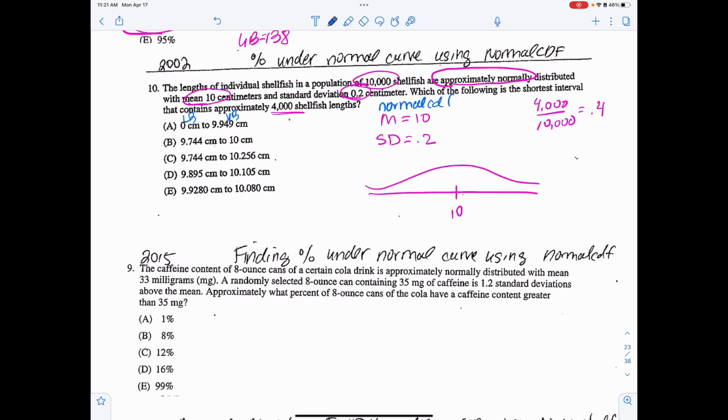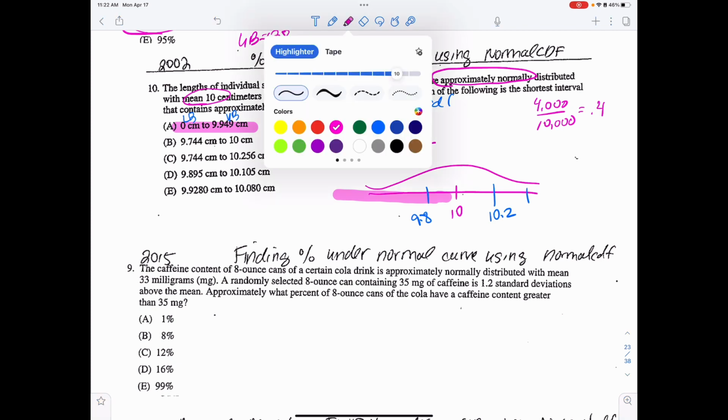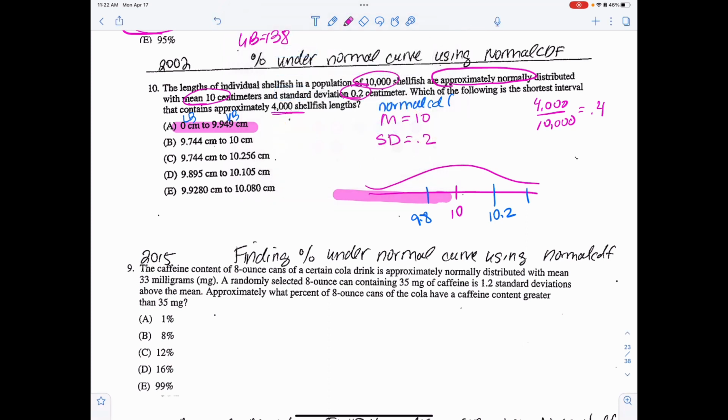Okay, you could do it that way. Or you can look at our rule of 68, 95, 99.7. You can say, look, I know that this is going to be 9.8 to 10.2, and you can keep going. But you can look at each one from this one. Let's start here from 0 to 9.9. That's basically from here to here, which obviously is way more than 40%, because you can see that it almost hits 10, and obviously this here is 50%.